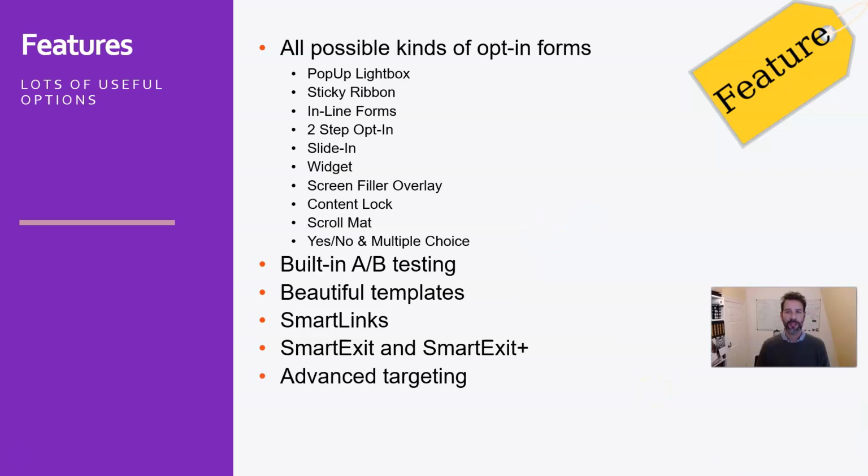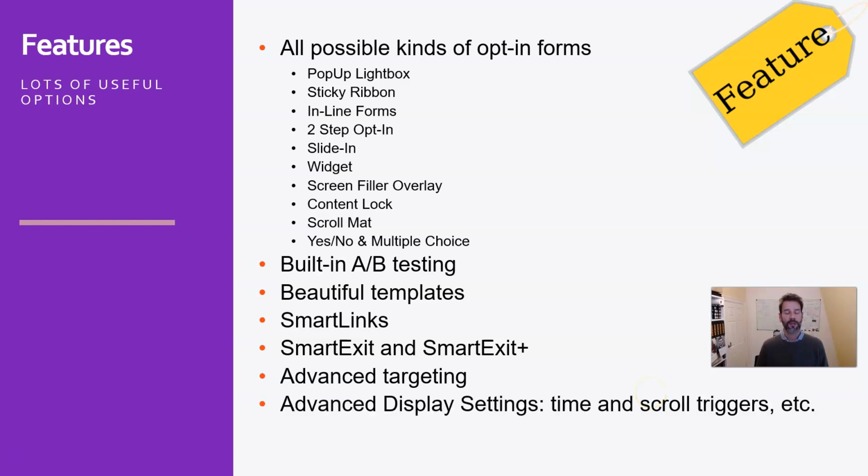Another great feature is advanced targeting, which means you can specify where your opt-ins should appear within your WordPress website. For example, everywhere, just on the home page, specific pages, categories, pages with tags. You can exclude pages, so you can very nitty-gritty decide where your opt-ins should appear or where not.